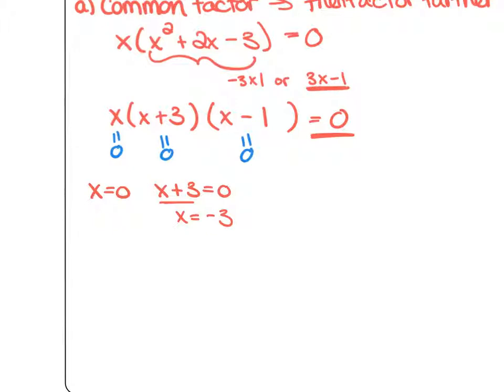And the last one, I set x minus 1 equal to 0. And when is that going to be 0? When x is a positive 1. Positive 1 minus 1 equals 0. So any of those three numbers is going to make the whole thing 0, which is what we want, because we want to know when y equals 0, when it's going to cross for those x-intercepts.